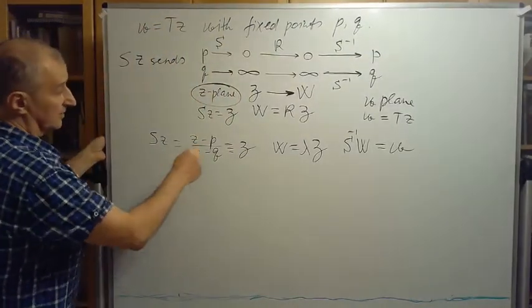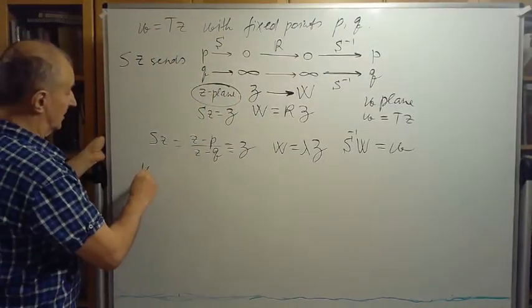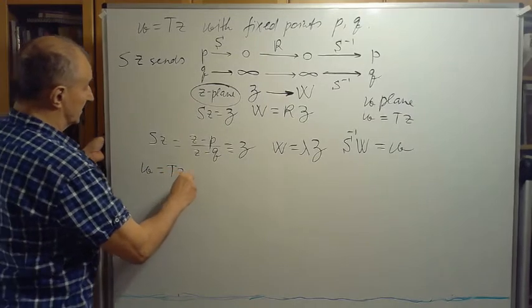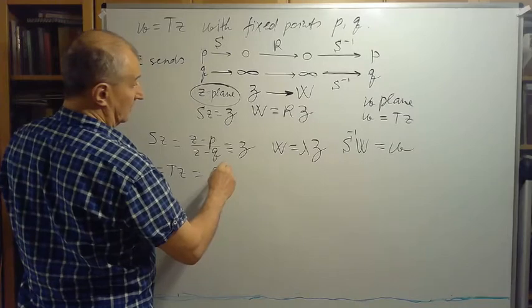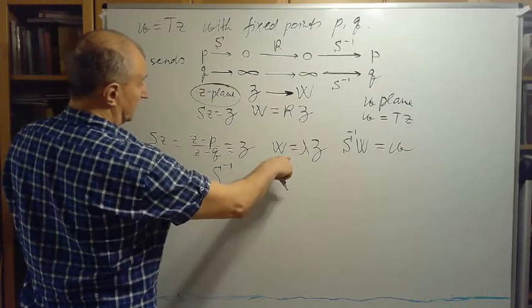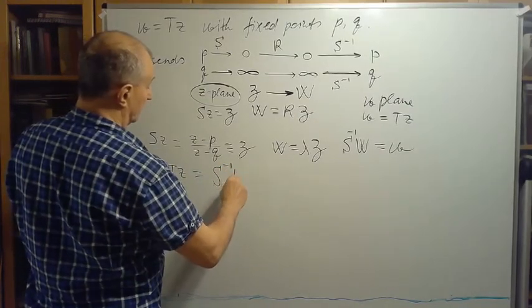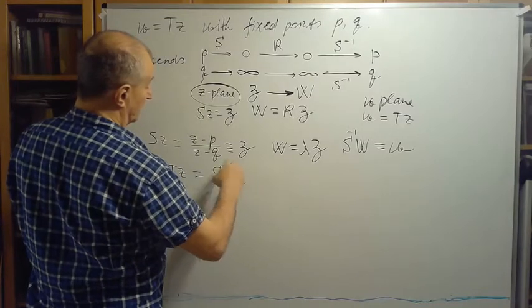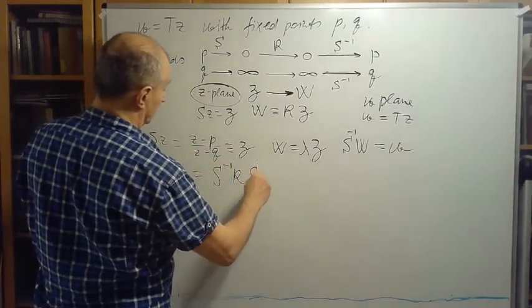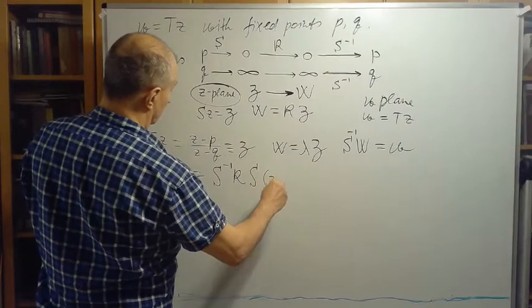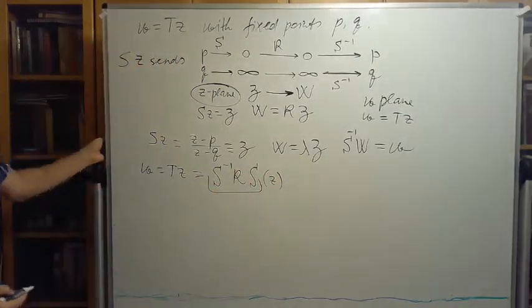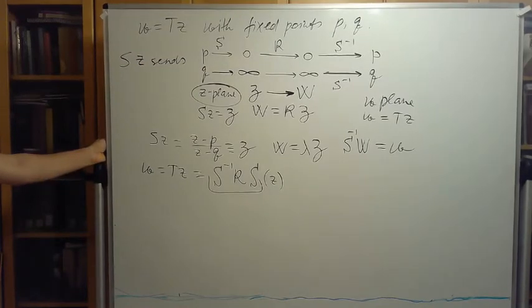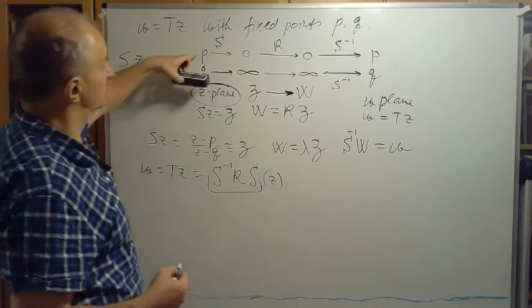Thus the whole transformation W equals Tz can be written as S minus 1 applied to R, which is applied to SZ. Yes? And the whole this transformation, so the composition of 3 transformations applied to Z. Technically, it is convenient to write it this way.